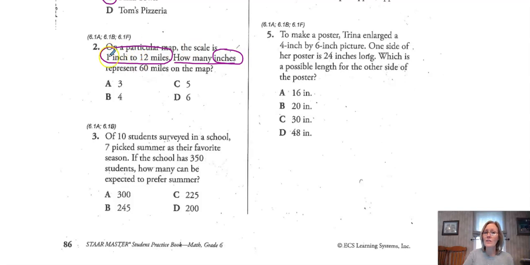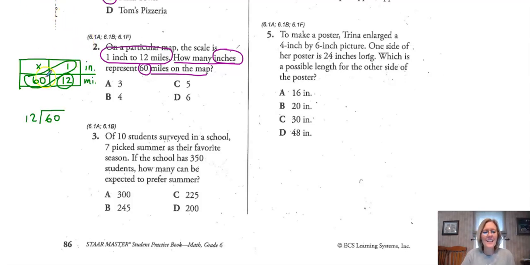This was also in inches, so I'm good. I don't have to do any converting of my units. What would represent 60 miles on the map? Pause. Is it going to be A, B, C, or D? Do your math for that. Pause and let's see if we match each other.